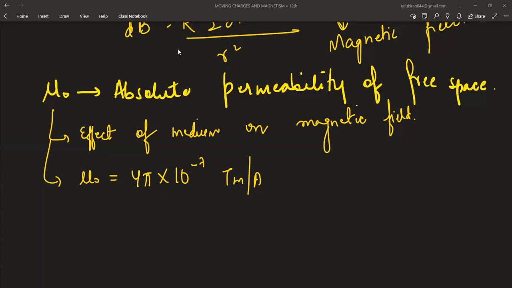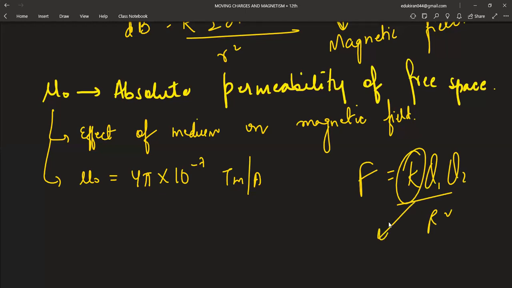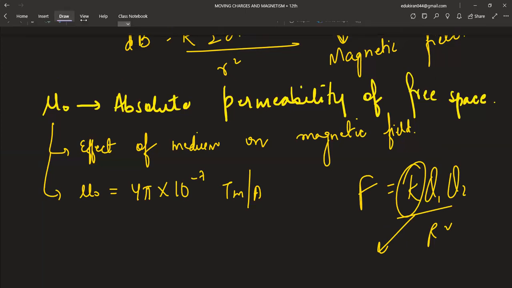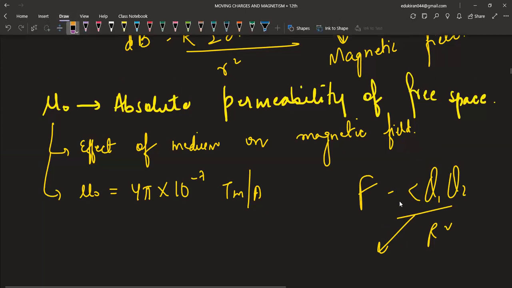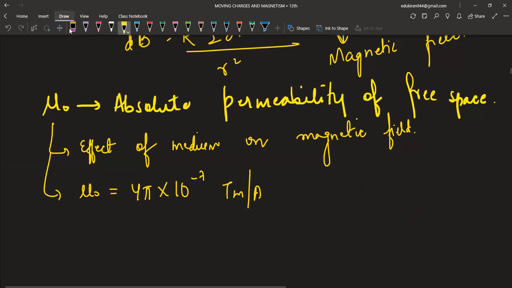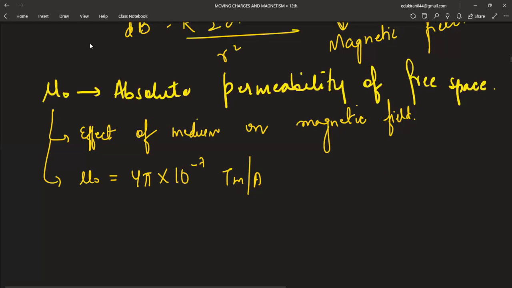When we write F is equal to K Q1 Q2 by R square, what do you substitute in the formula for this term? You have to substitute a value. Exactly, 9 into 10 to the power 9.